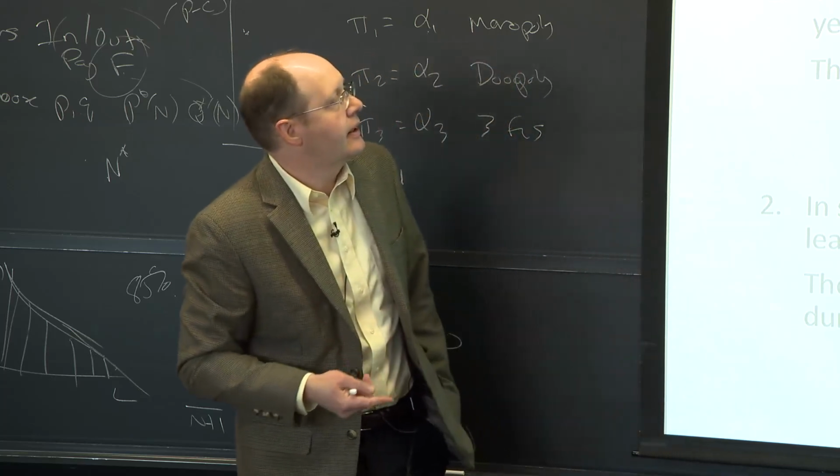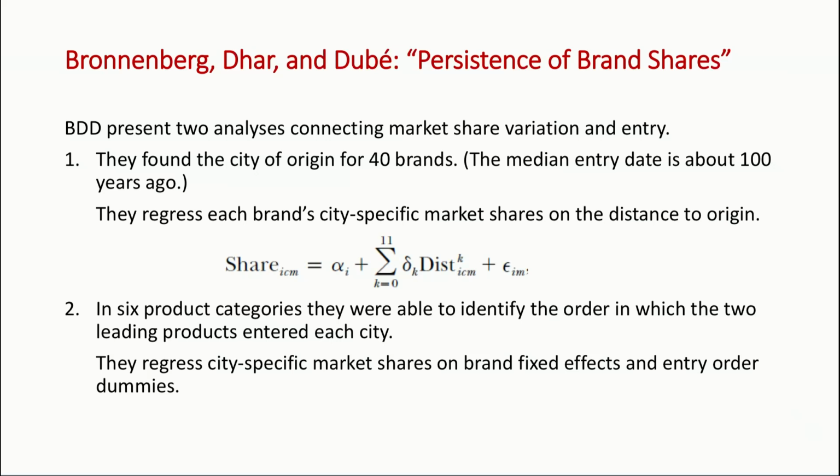So what Bronnenberg and Dubé do to talk about this is they investigate this as being a really, really long time span echo of what happened when these products were introduced. Their idea is that, in consumer packaged goods markets, people learn to buy a brand.